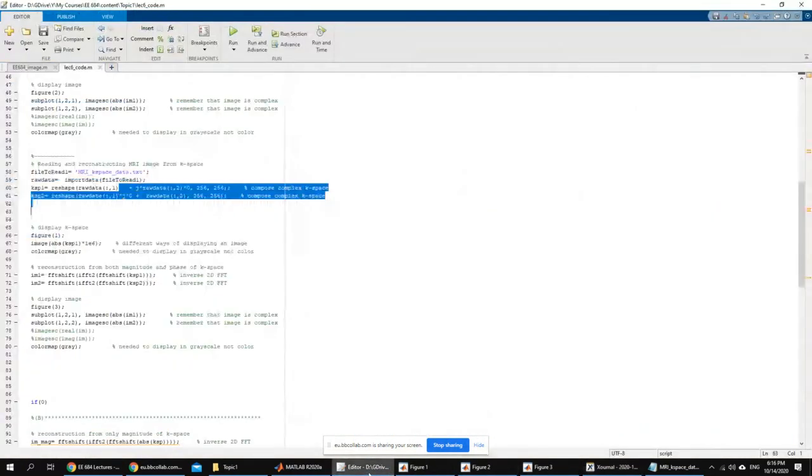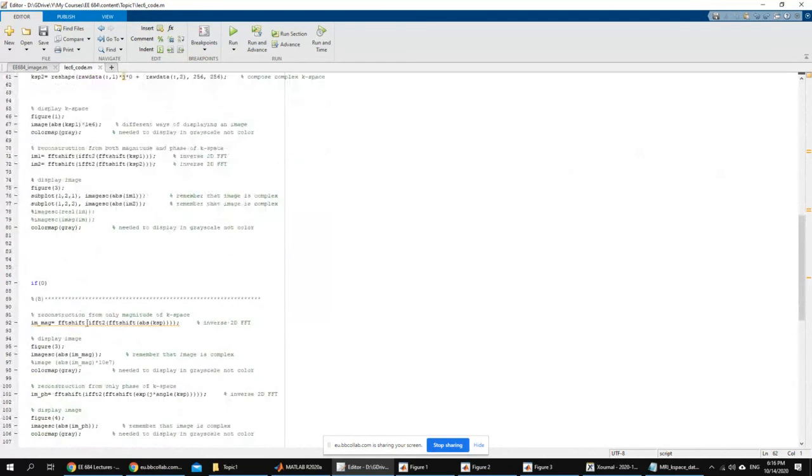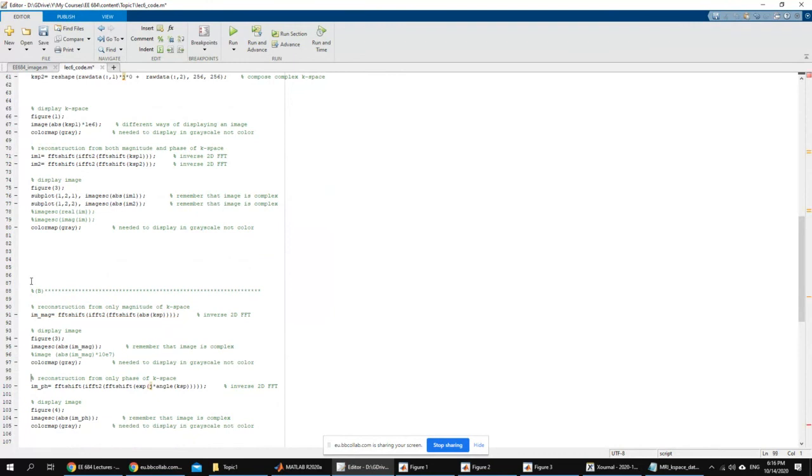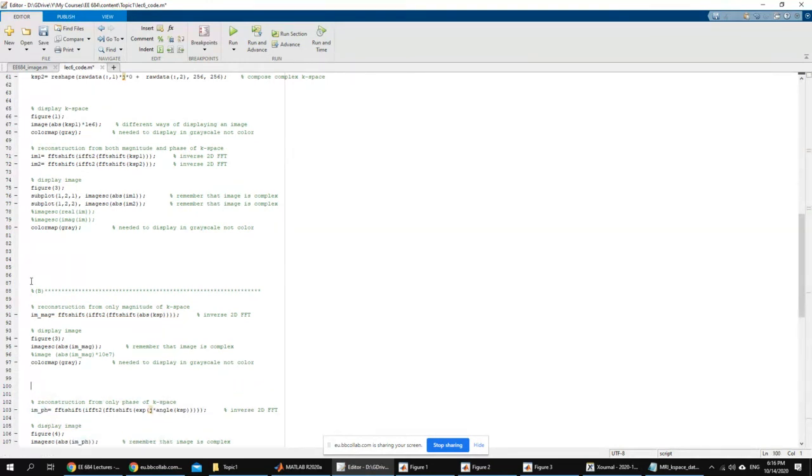How do we do that? Just take this instead of having this data here. It's already right there. Just shift that a little bit. And since we have figure 3 above, basically what I'm going to do is take the absolute value of the k-space.